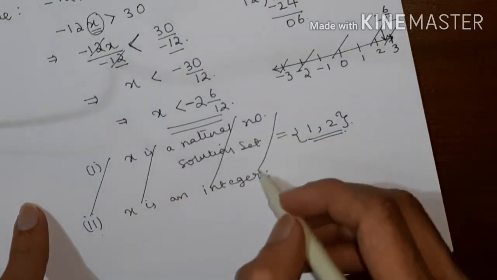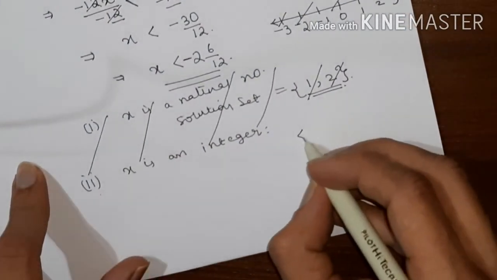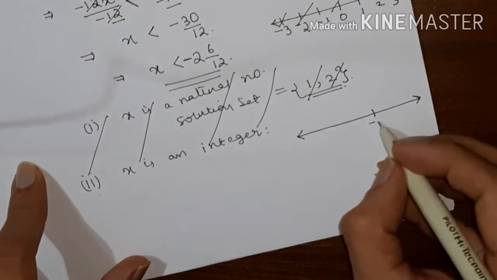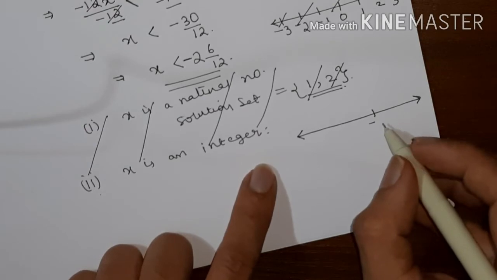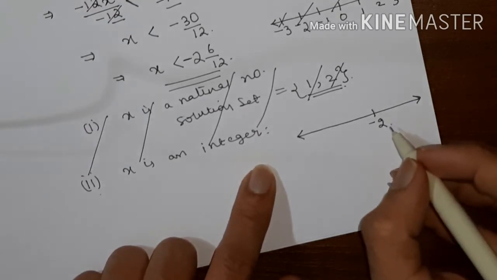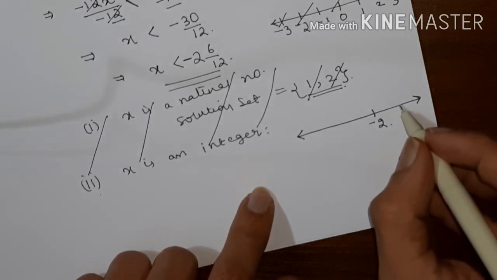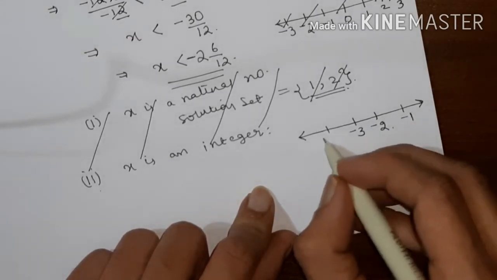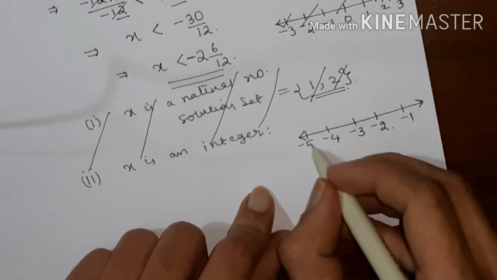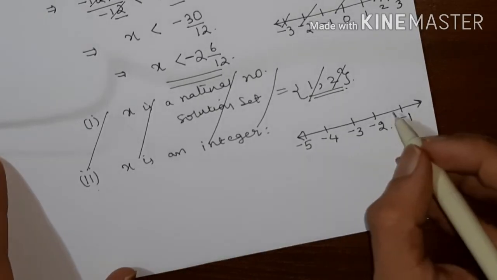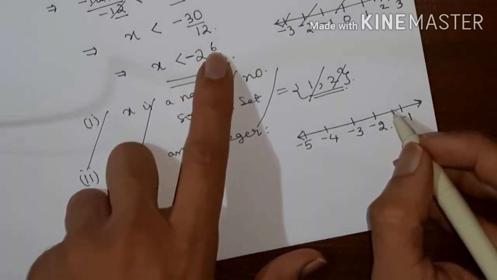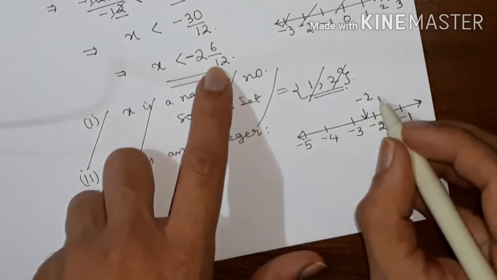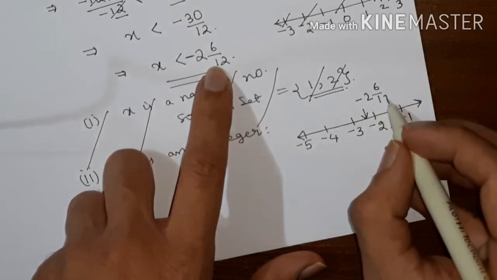If you look at the number line here, this is minus 2, then here it is minus 1, then minus 3, minus 4, minus 5, and so on. So minus 2 6 by 12 is where? It is here.